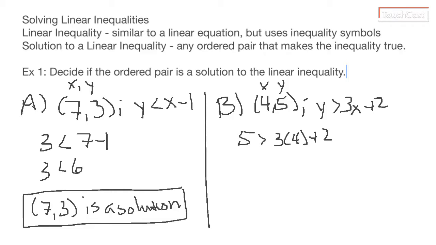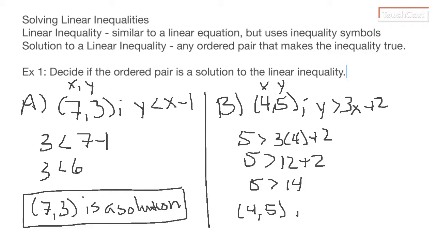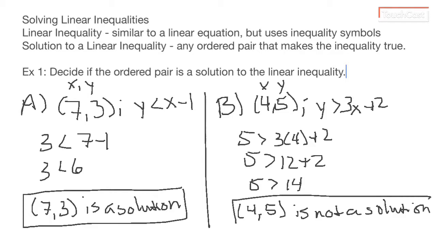If it's not, then it's not a solution. Well, 3 times 4 is 12, and 12 plus 2 is 14. 5 can never be greater than 14, so the ordered pair (4, 5) is not a solution. And we've finished example 1.